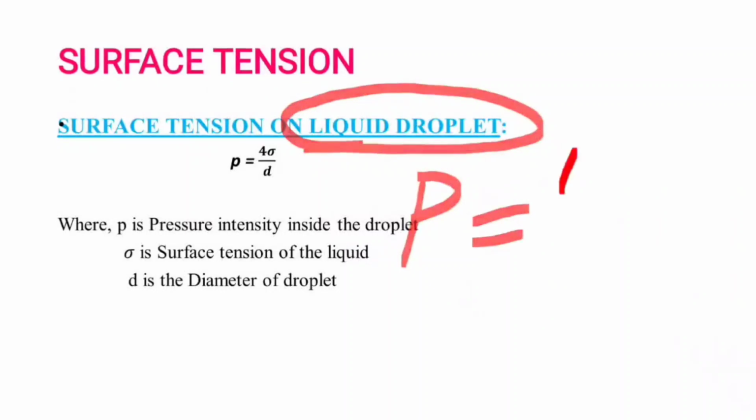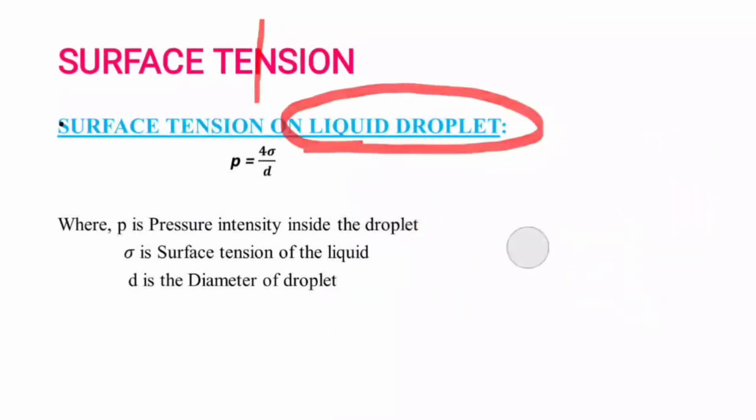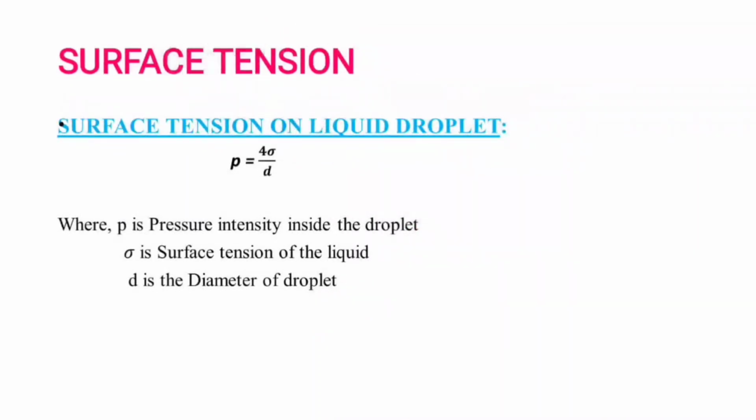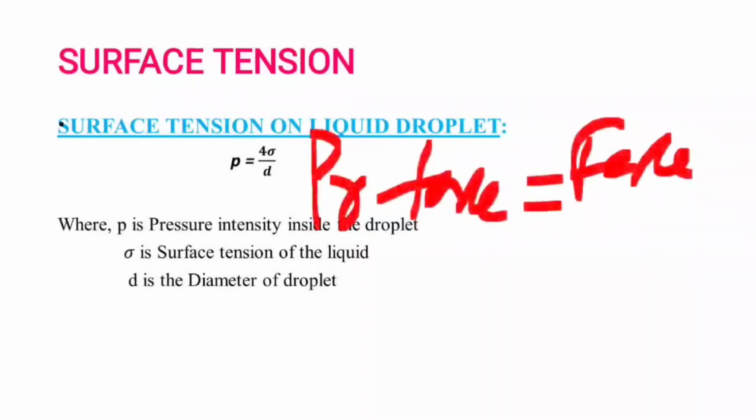P is equal to 4 sigma by D. How do we get it? Equating pressure force with force due to surface tension.